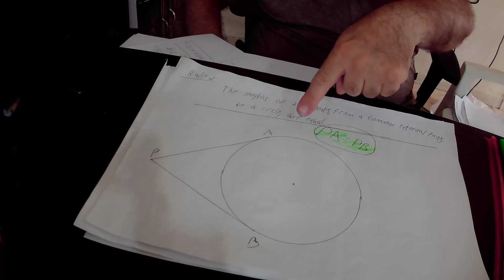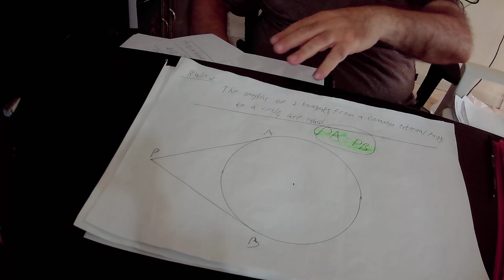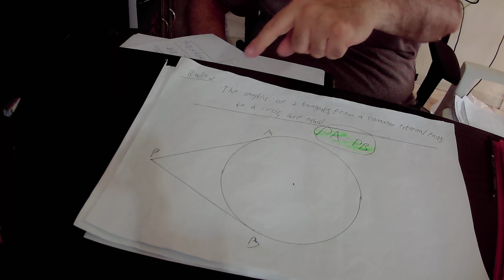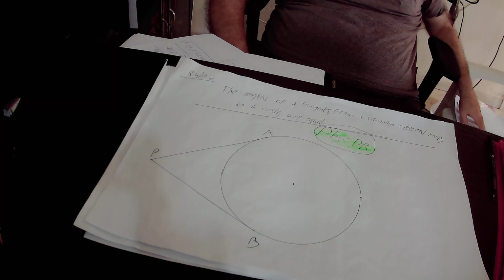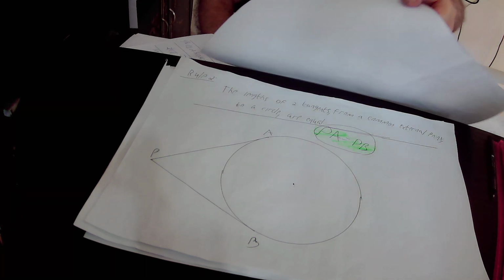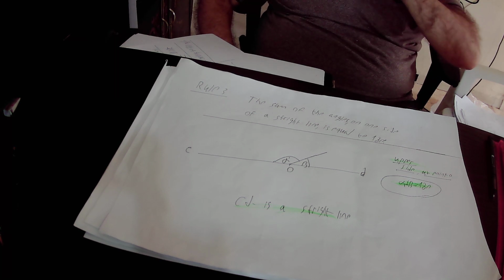We have tangent PA and tangent PB, and according to rule number 2, PA is equal to PB. And then I presented to you rule number 3. We used rule number 3 a lot in other questions.